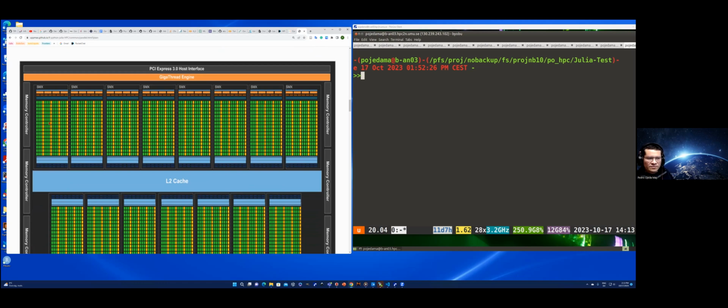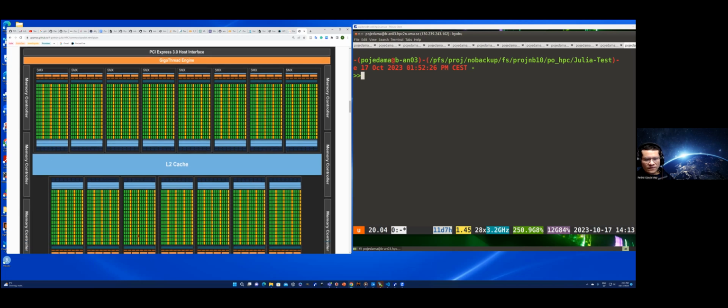Remember, in the CPU case, we had 28 cores for a standard node. But in the case of the GPUs, we have thousands of cores. Each of these little green squares is a core, right? So you can see that in this type of architecture, you can have thousands of cores.